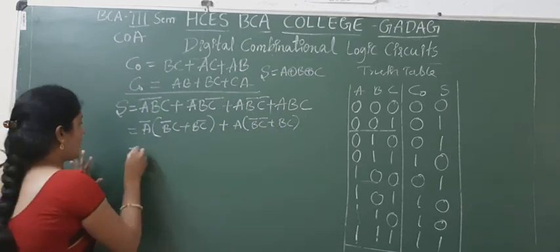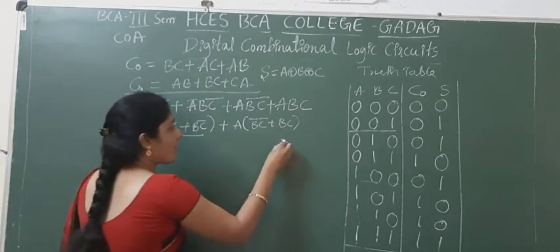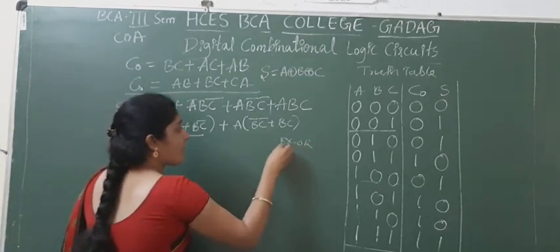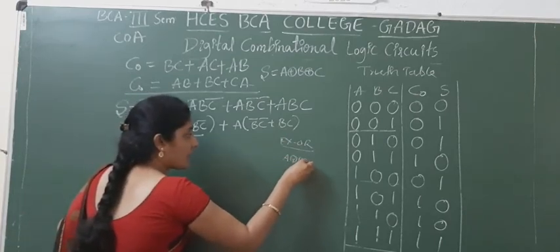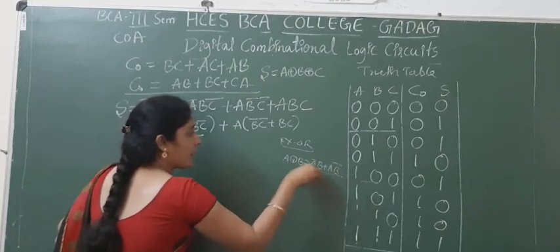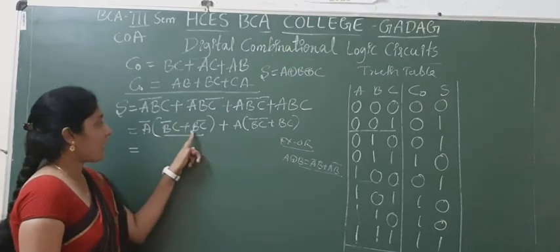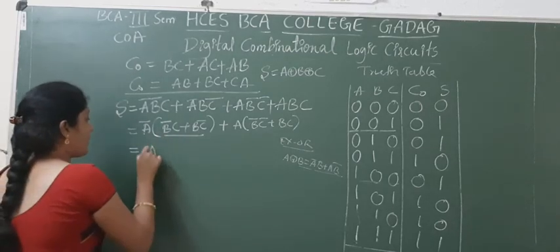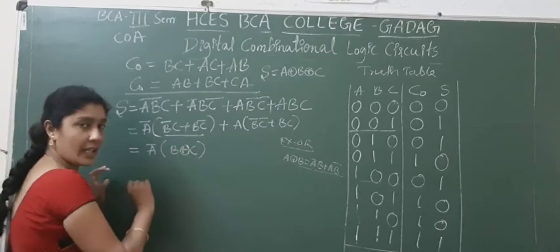Okay. So now, what is this B bar C plus B C bar? We have studied XOR, right? So what is XOR, which I told you? A XOR B is nothing but A bar B plus A B bar. So apply this here, then this will be B XOR C. Therefore, A bar into B XOR C. Correct?